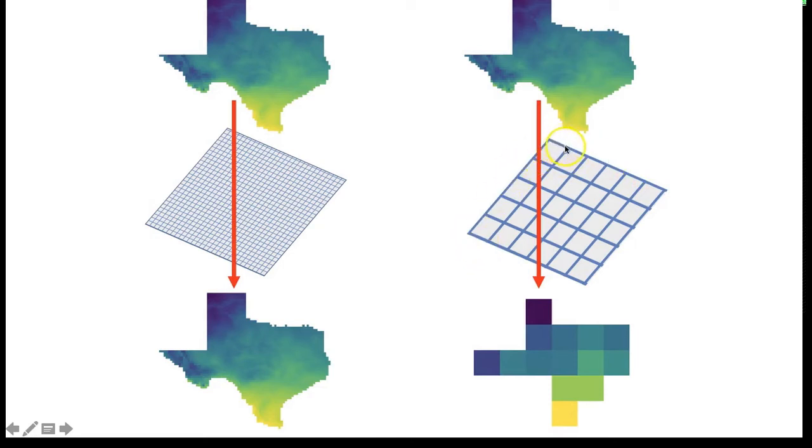If the resolution is very coarse, we'll end up with a very coarse resolution raster layer. It'll be clipped to the state of Texas, but with very coarse resolution. If the size of the grid cells being used by GRASS GIS is very fine-grained, then the raster that we make that's clipped to the shape of Texas will be a very fine-grained resolution raster with much more nuanced features and shapes.